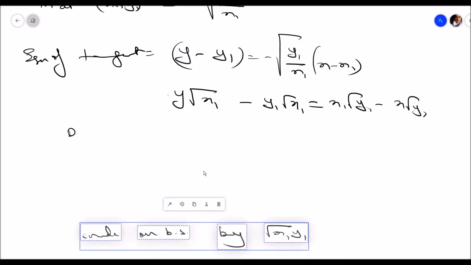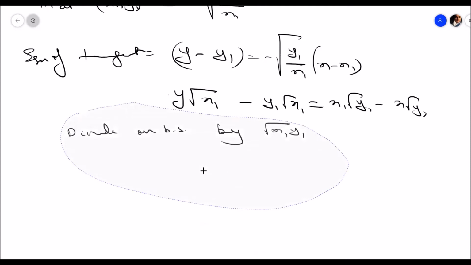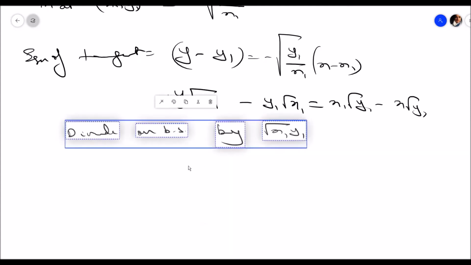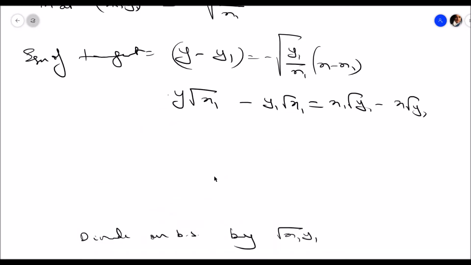Okay, just a second. I'll just rearrange the terms a little bit before I do this. So I'll rearrange the terms by bringing this over here and sending this onto the RHS, which will give me x root y1 plus y root x1 is equal to, this part is nothing but root x1 y1 plus x1 root y1.